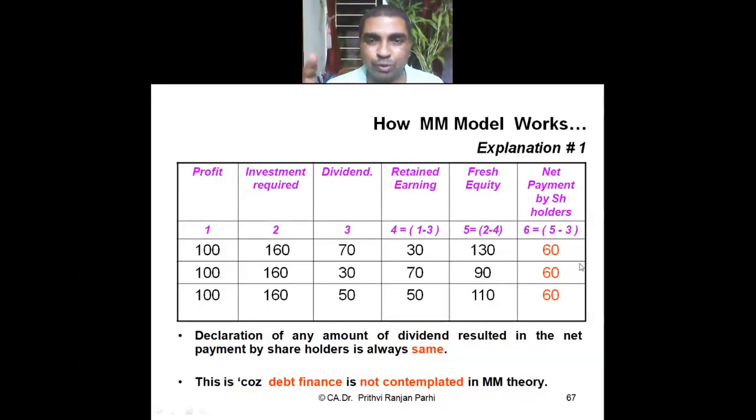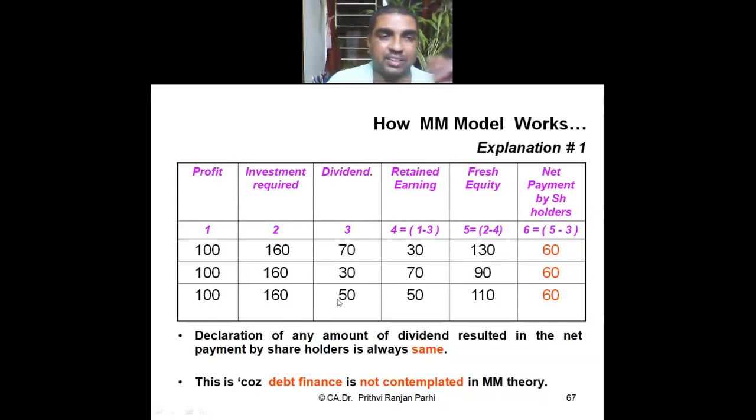Through the equity source, 130 is collected, and towards equity 70 rupees is paid. We have to think of it like this. So the net cash inflow is 60 rupees. 130 is inflow, 70 is outflow, net inflow is 60.